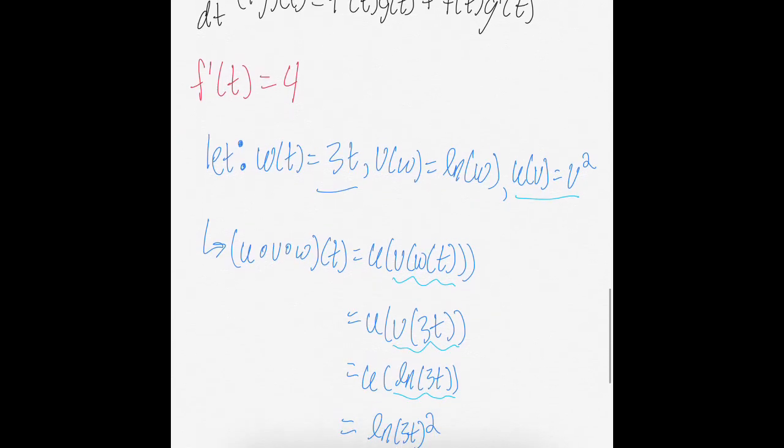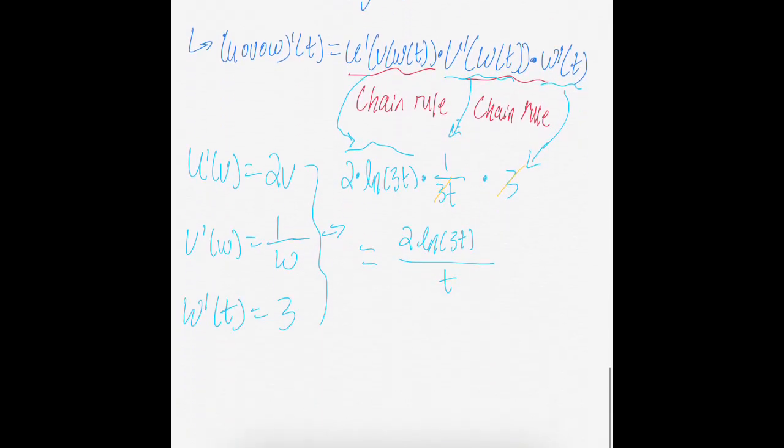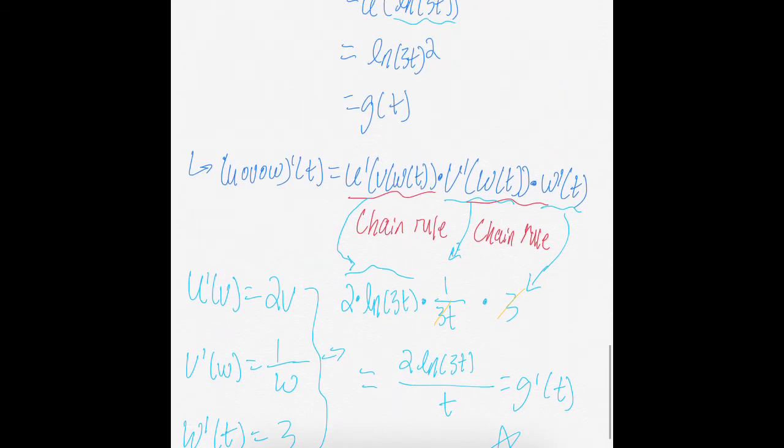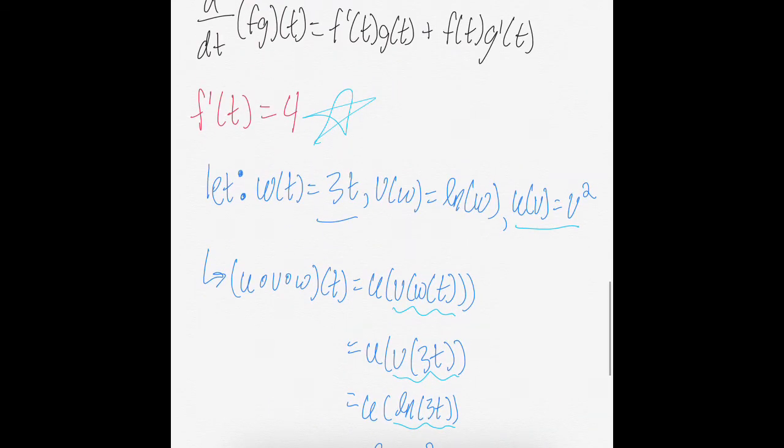Whew, oh boy. All of that, and we still have to plug everything into the product rule. But we've got our f prime. So f prime of t equals 4. Wow, that one was difficult. So let me emphasize that this is g prime of t. So we've got g prime of t down here.